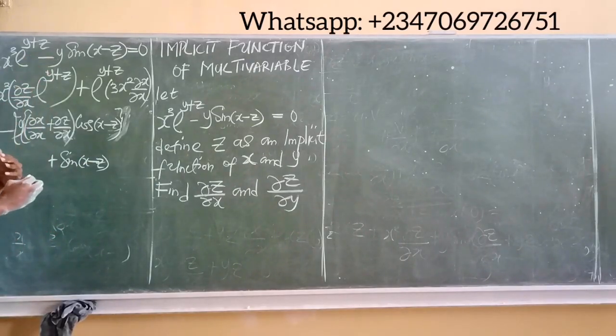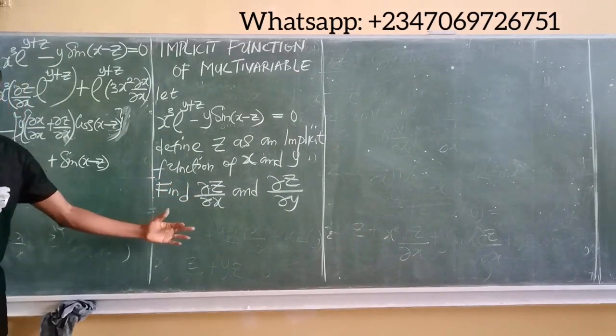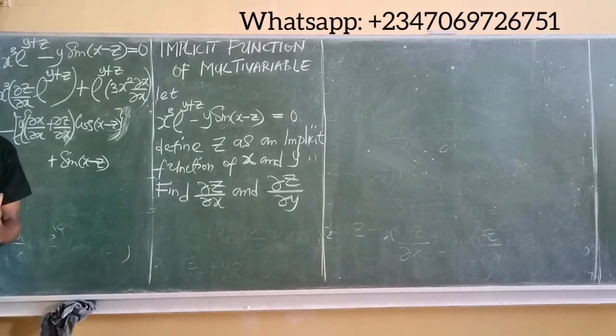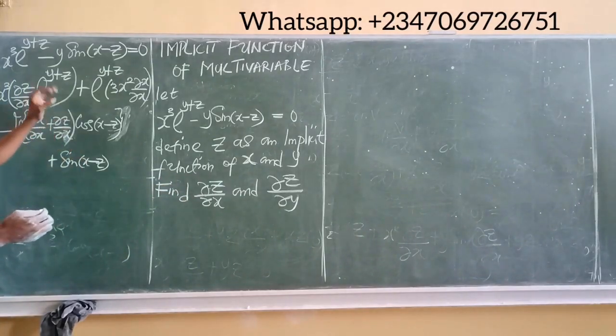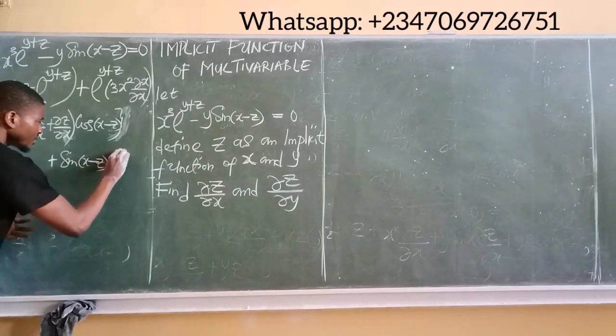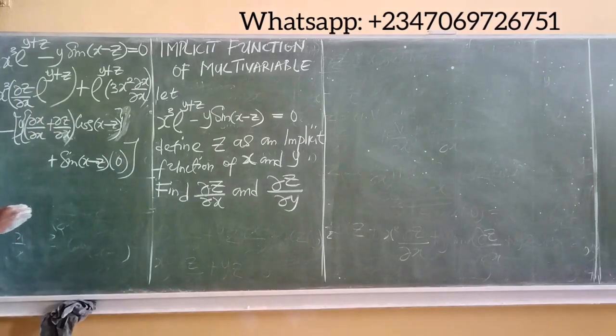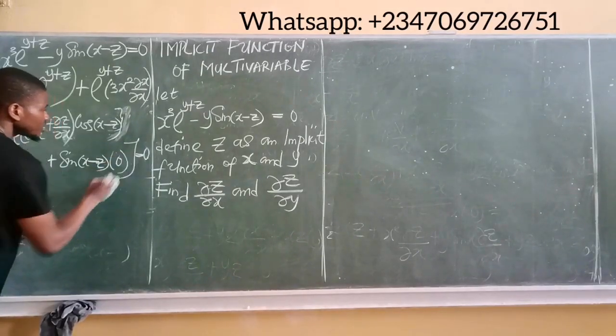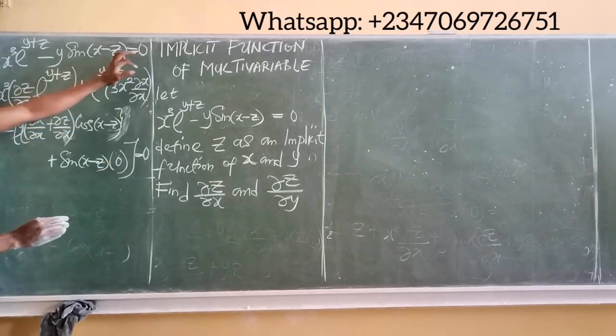Of course, if I differentiate y, I'm simply going to have 0, because the question says find partial z partial x, which means I'm keeping y as simply a constant. And since there is no x variable attached to y, there is no z also attached to y, it means the partial derivative of y with respect to x automatically gives us 0. So this is actually multiplying by 0. The whole of this is equal to 0, not forgetting, equal to 0.